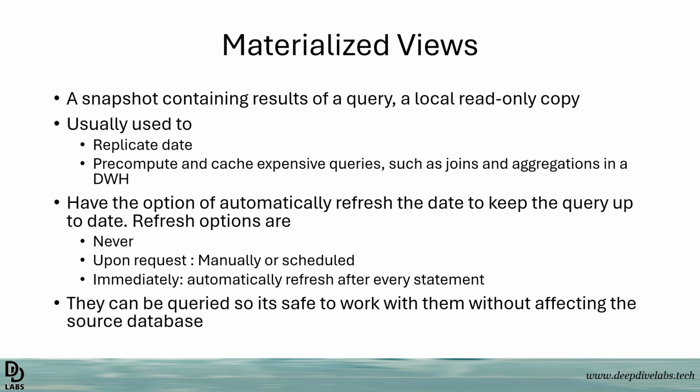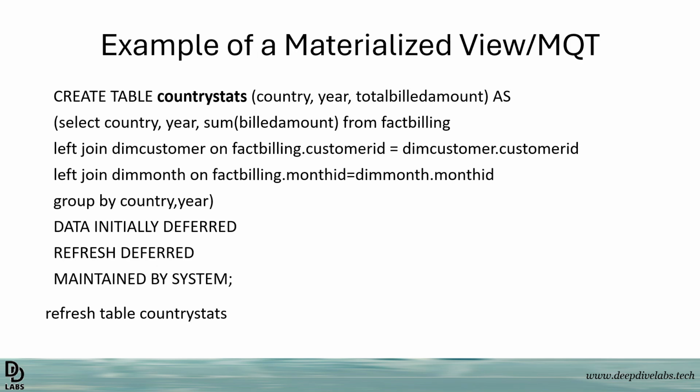So let's take an example to understand it. In this example, we are creating a materialized view in some cloud data warehouse. A materialized view is also called a materialized query table, MQT. So you are creating a table country stats, right? That is selecting country, year, billed amount, group by country and year.